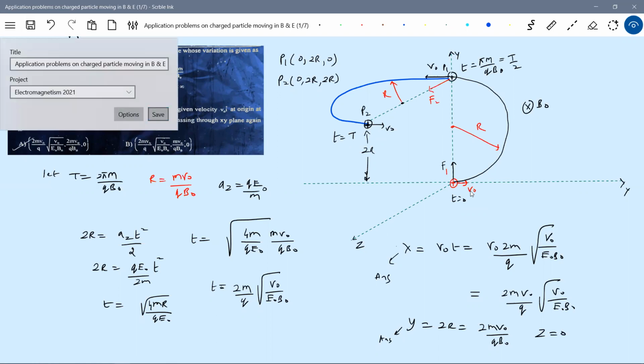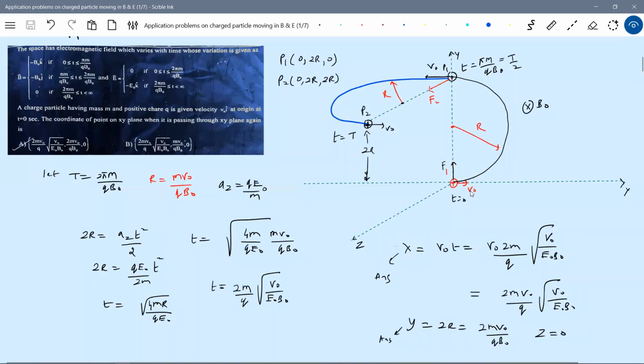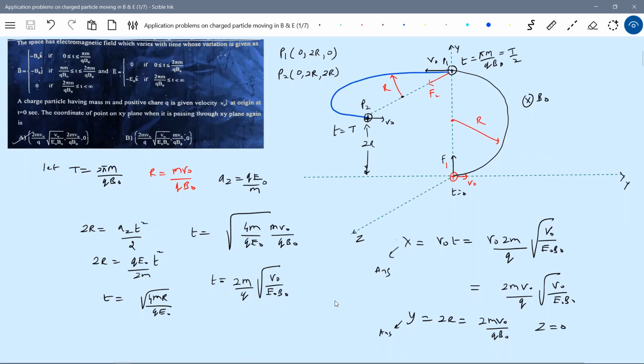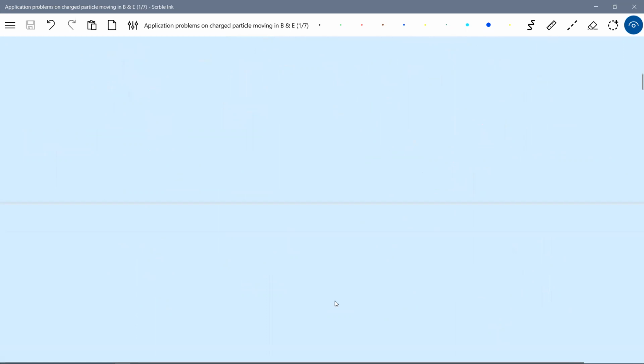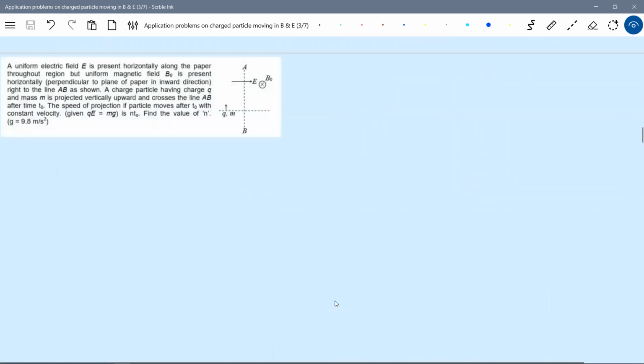Any doubt you can clarify? I'll go to the next question. If you want, you can draw it for the electric field also.